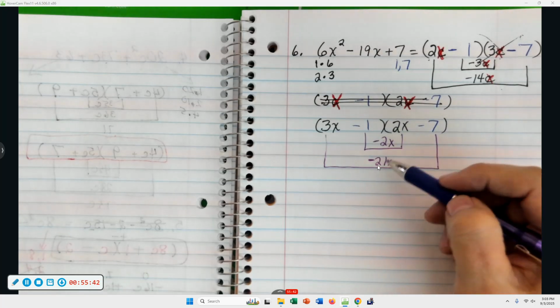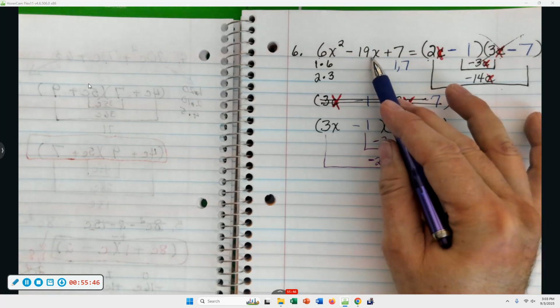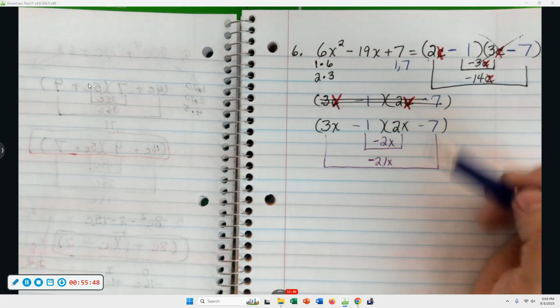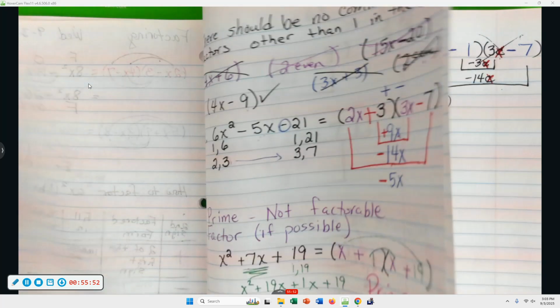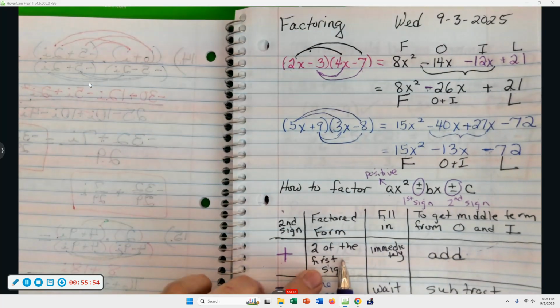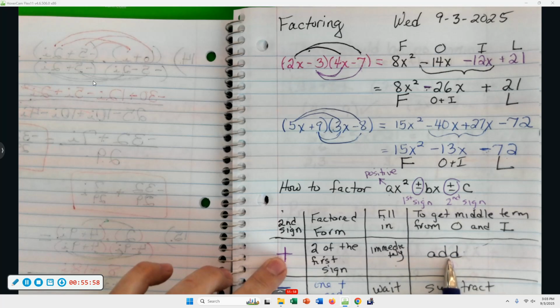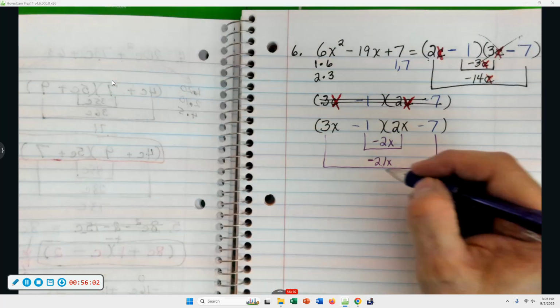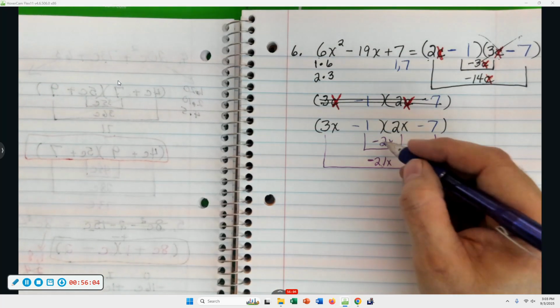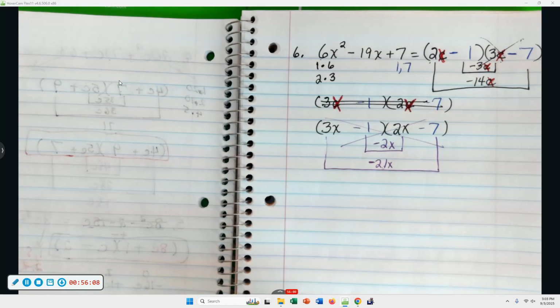Do those add together to give you a negative 19? These would subtract to give a 19. If the second sign is plus, they've got to add together to give that middle term. 21 and 2 don't add together to give a 19. So 3 and 2 do not work.